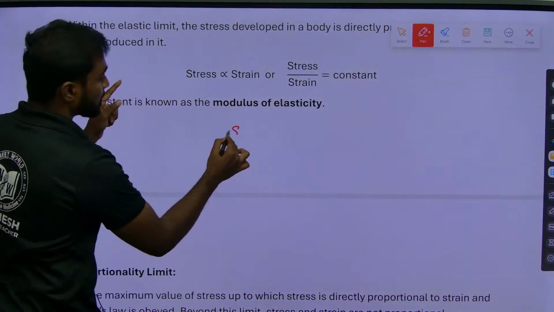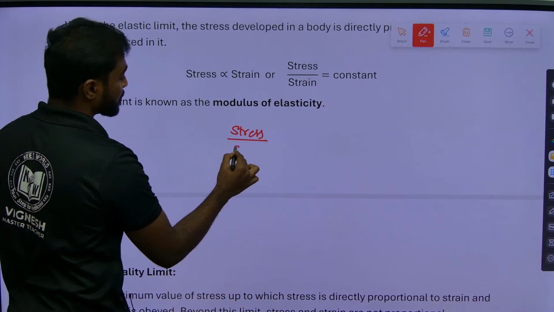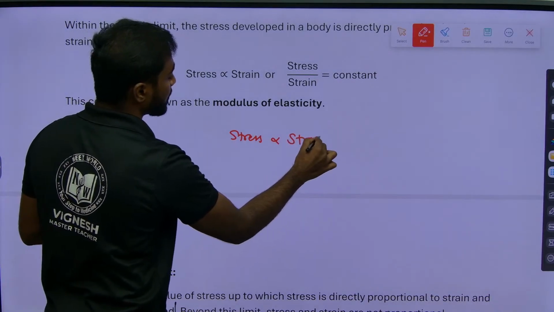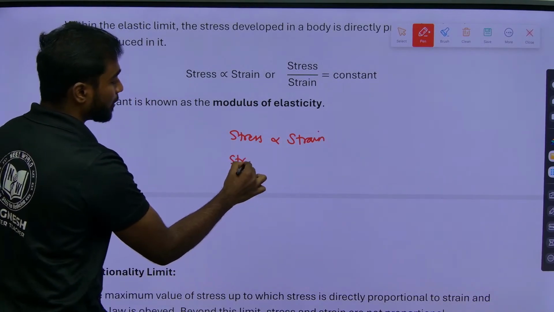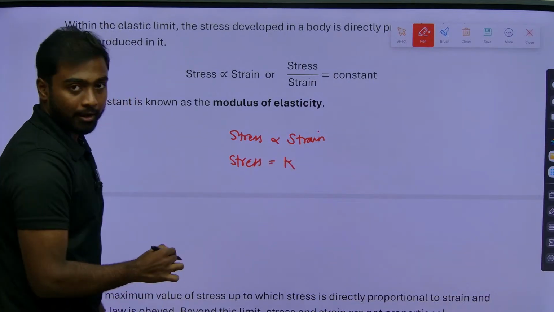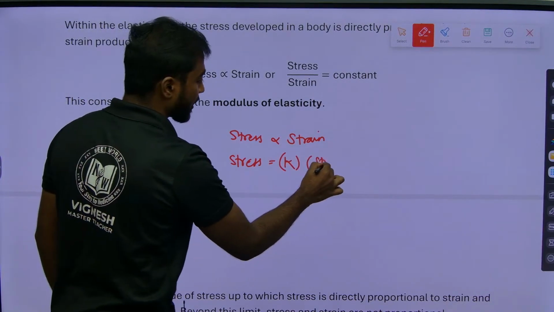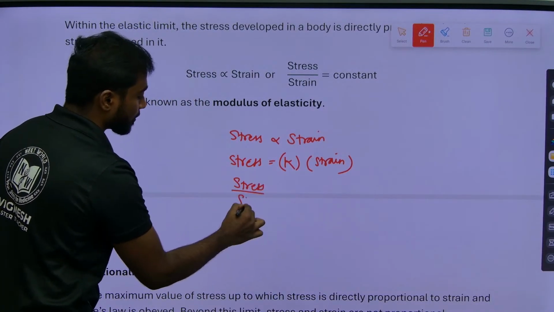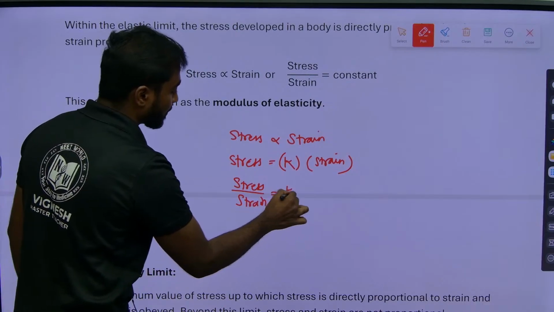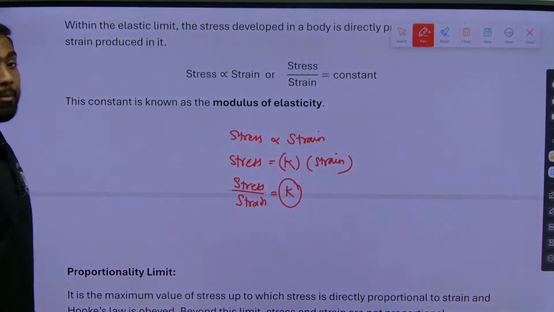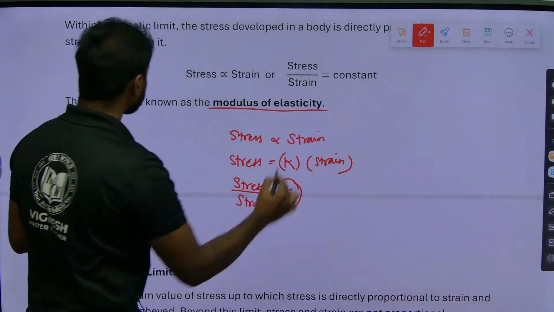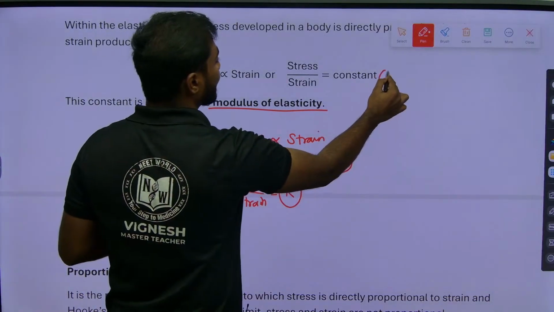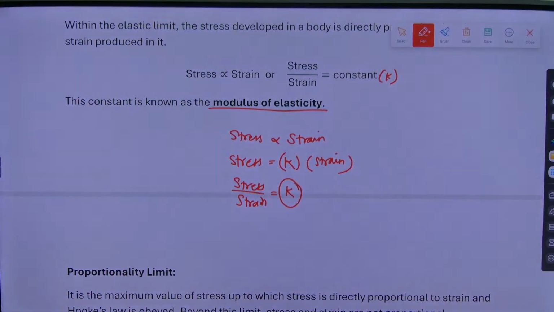To remove the proportionality, we add a constant called K. So stress equals K into strain, so stress by strain is K. K is nothing but the modulus of elasticity. This constant is called the modulus of elasticity.